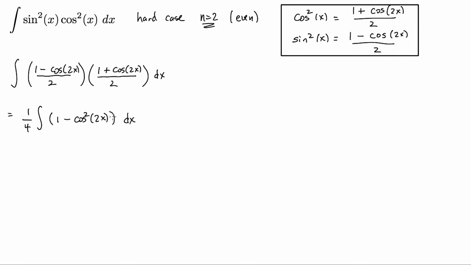So I'm going to repeat this process again because we wound up with another cosine, although this time we have to be very careful. We have 1/4, the integral of 1 minus. Now here's what we're going to replace the cosine squared with. Cosine squared of 2x. Let me just do this off to the side, and I'll highlight the differences here. Cosine squared of whatever is going to be 1 plus cosine of 2 times whatever divided by 2.